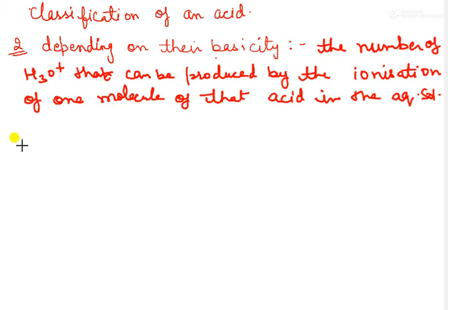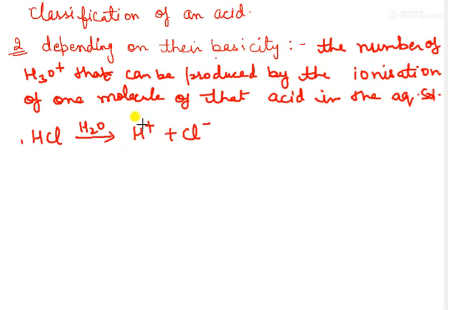So what happens here? We will understand this definition with this example. This HCl contains a hydrogen atom. When it is added into water, due to the presence of water, it will ionize into H positive and Cl negative ions.